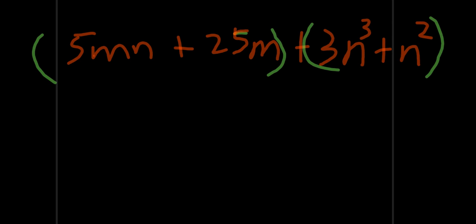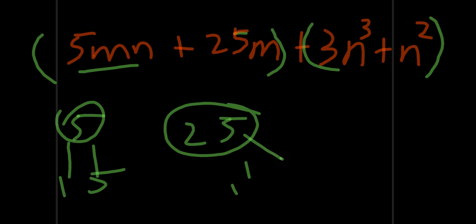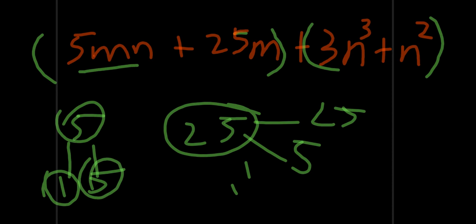So we factorize this bracket by the highest common factor. If we look at 5 and 25, the highest common factor is just 5. The factors of 5 are 1 and 5. The factors of 25 are 1, 5, and 25. We want to find a number that they share, and they share 1 and 5.